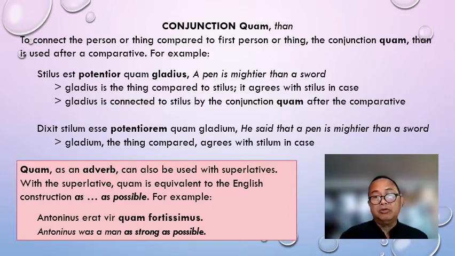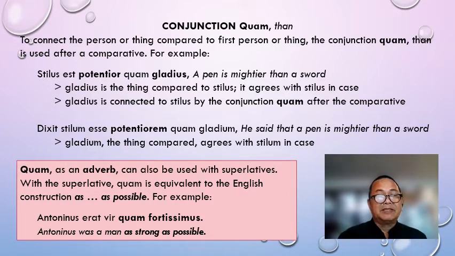And when it is used with superlatives, quam is equivalent to the English construction as blank as possible. For example, Antoninus erat vir quam fortissimus. So the translation would be, Antoninus was a man as strong as possible.